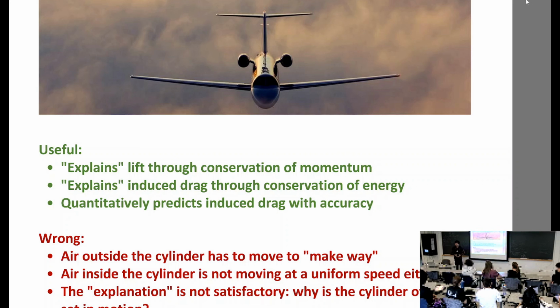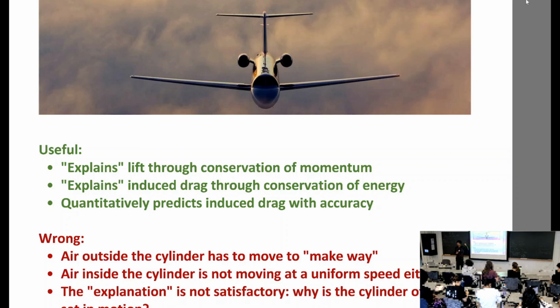The air outside of the cylinder has to make way for the cylinder, in the sense that the air below that cylinder has to go away, and the air above the cylinder has to come to fill the space left by the downward moving cylinder. So there is air even outside of the cylinder that's moving.